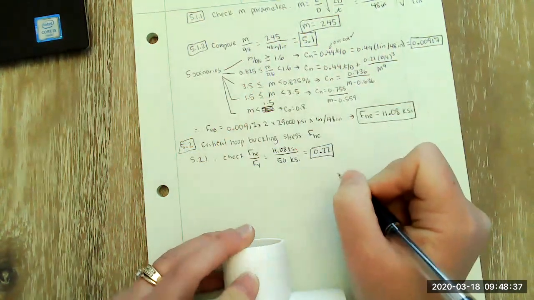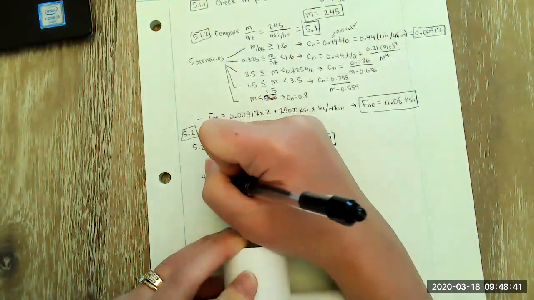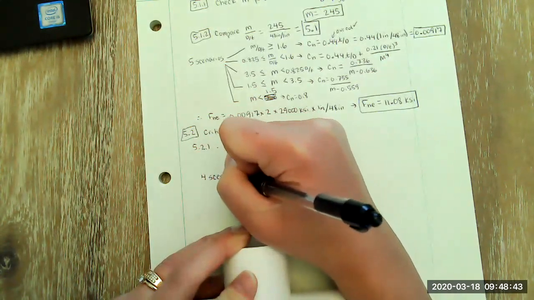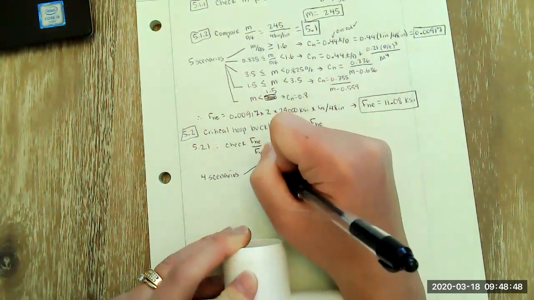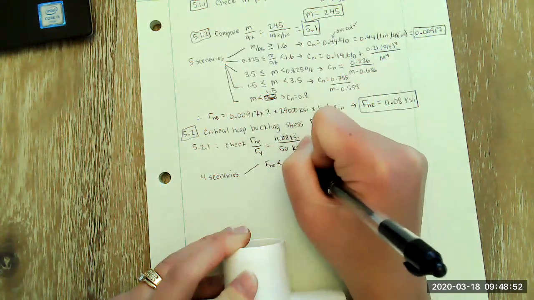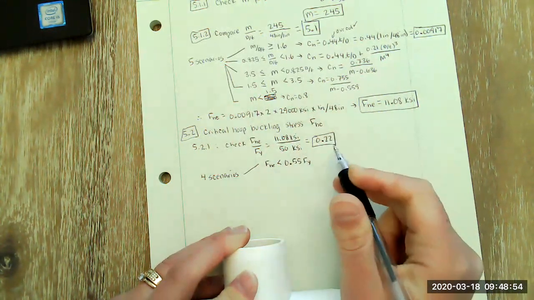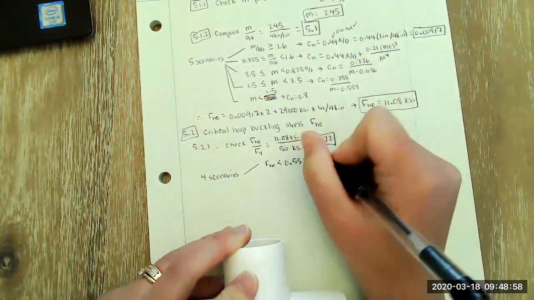There are 4 possible scenarios based on this ratio. The first is if F sub HE is less than 0.55 F sub Y. This is our case: 0.22 is less than 0.55.